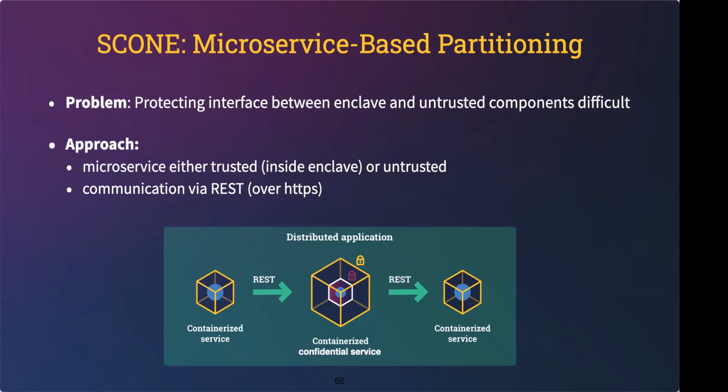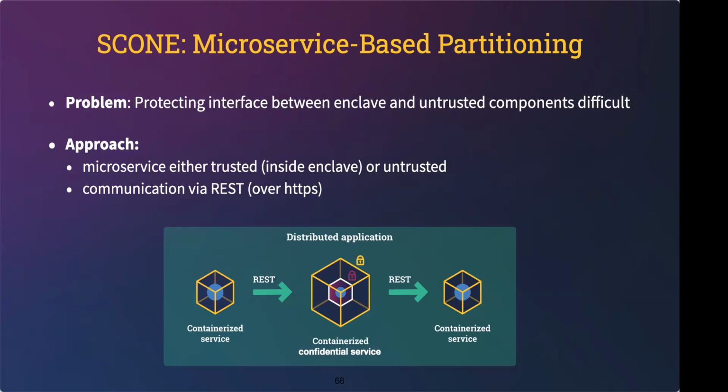Something that we already do in cloud native is that we have externalized APIs. So we have REST APIs, and that in our experience is good. So in cloud native you define which service needs to be confidential and which not. Those that should be confidential, you run in enclaves.